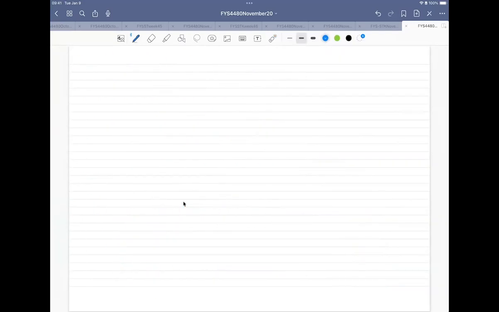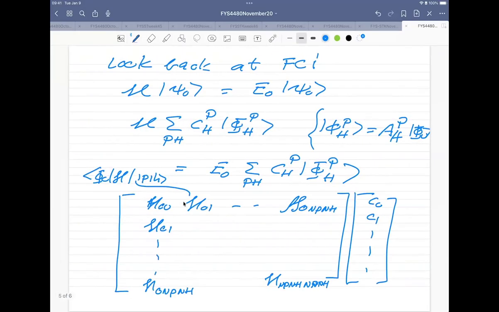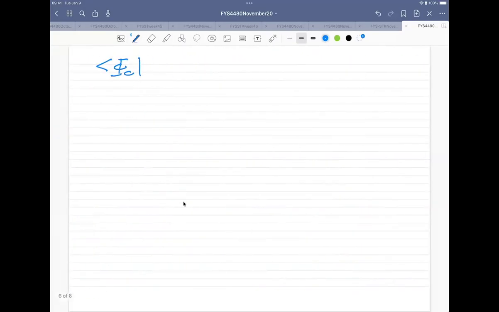So let's write this out. We are now multiplying with phi 0, taking the first row in the matrix, and multiplying that with H, and then we have the set of particle-hole states, C HP and phi HP, like that.